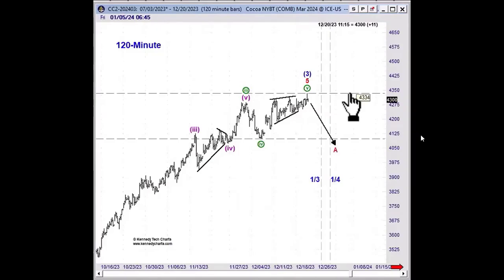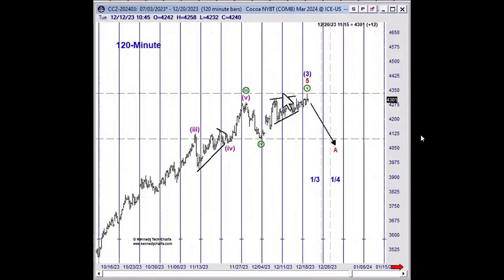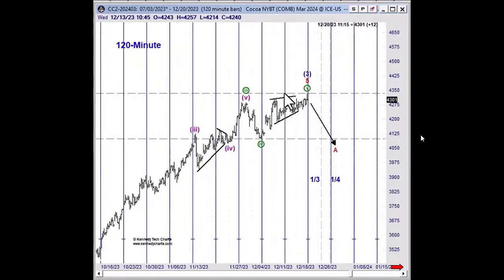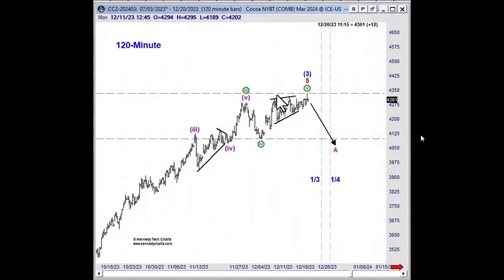So now we apply our timing technique. We pull over our cycle tool, measure the duration of the pattern. We cut it into halves initially, and then we cut it into thirds. So if everything goes according to plan, we should be back under 40.98, the origin of the pattern, by say December 26, or perhaps no later than December 28. Now remember, this is again a guideline. It's not a rule.